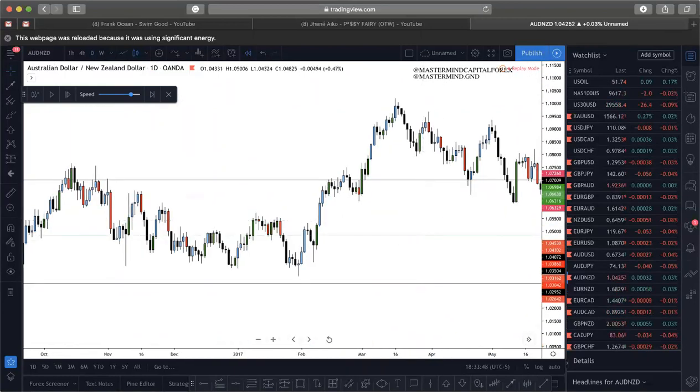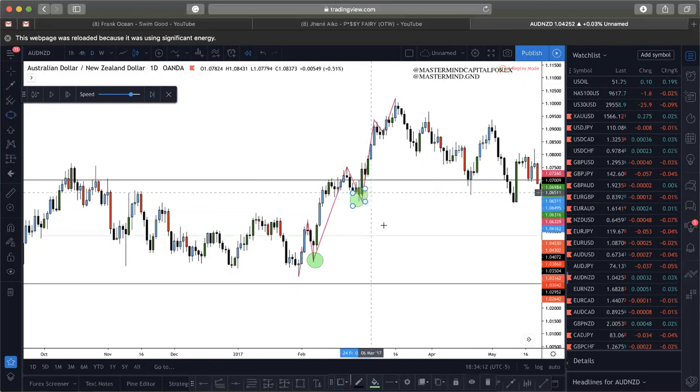So you see how this market is trending up, low, high, low, high, low, high, low, high, right? You as a trader, you want to get in on these. You want to get in on the higher lows, right? You want to buy at these turning points in the market so that you could ride the trade up and collect those pips, right?